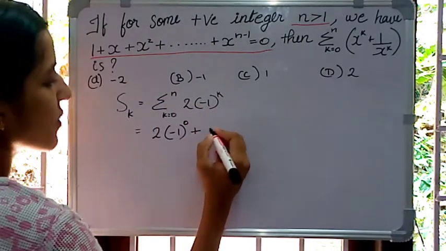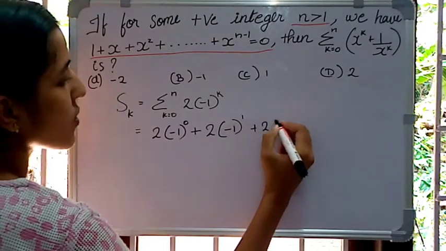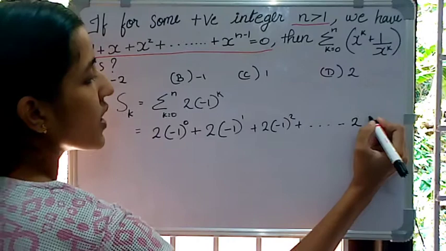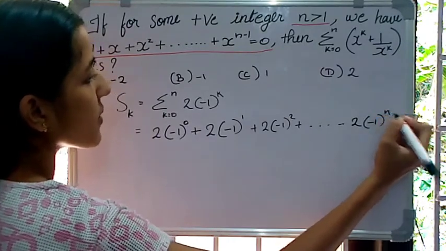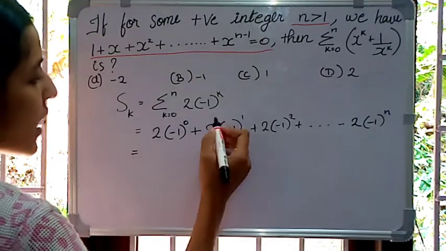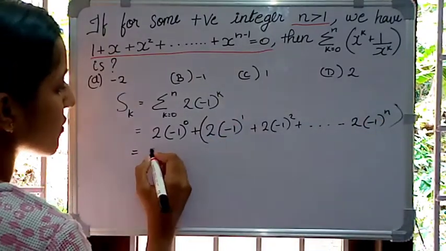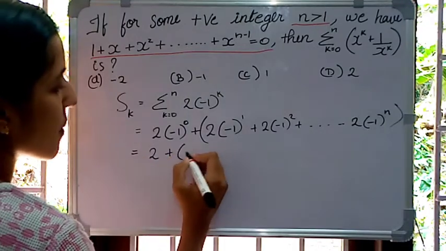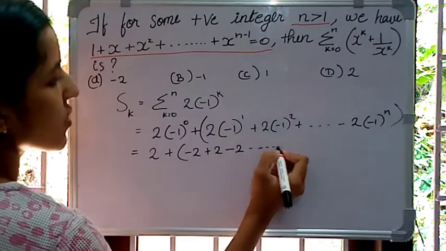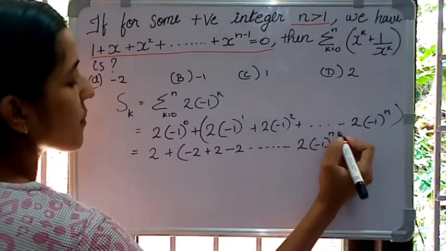So on further writing it, we get 2 into minus 1 raised to 1 plus 2 into minus 1 raised to 2 plus etc. 2 into minus 1 raised to n. Now let's write this entire term inside a bracket. So on further solving it, we get 2 plus minus 2 plus 2 minus 2 etc. 2 into minus 1 raised to n.